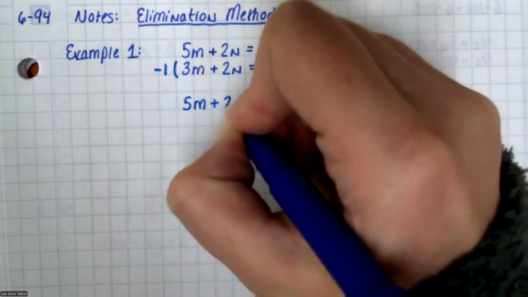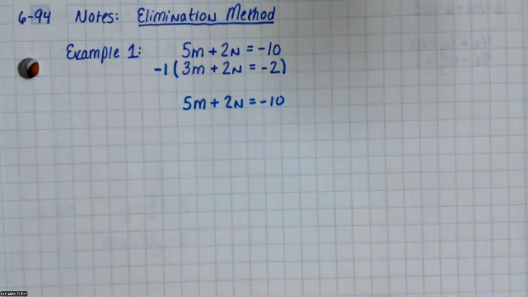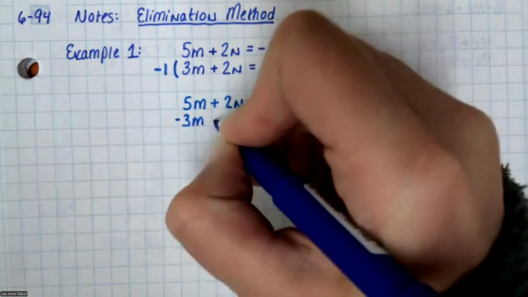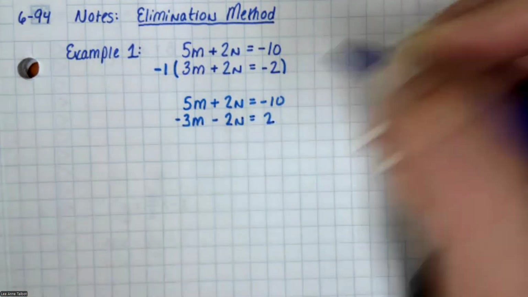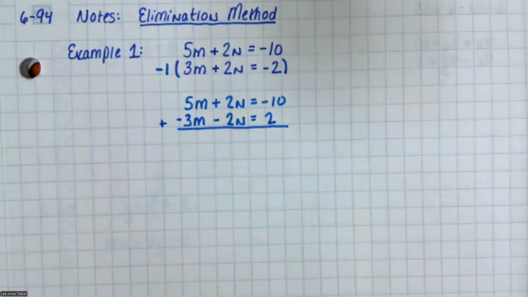5m plus 2n equals -10. So the top equation is going to stay the same. -3m minus 2n equals +2.